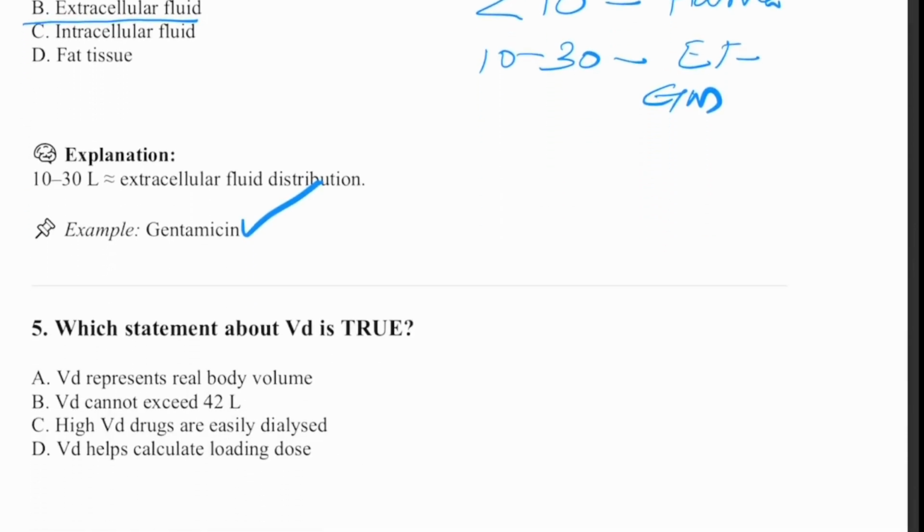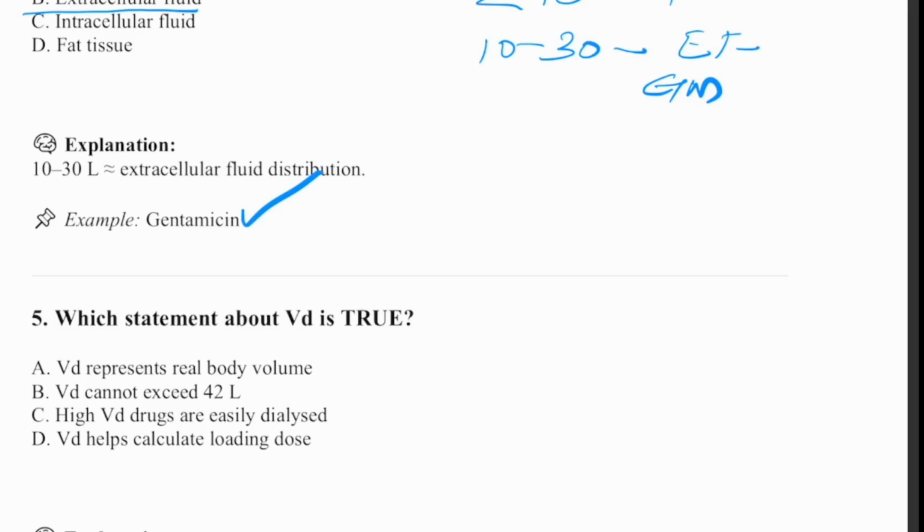Now, which statement regarding Vd is true? Vd represents real body volume, wrong answer. Vd cannot exceed 40 liters, is wrong, it can exceed the total body water. High Vd drugs are easily dialysable, wrong, they are not dialysable because only from the plasma can a drug be removed.